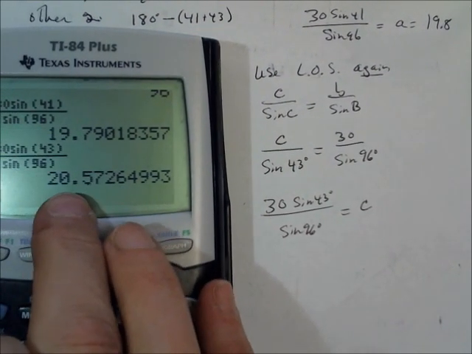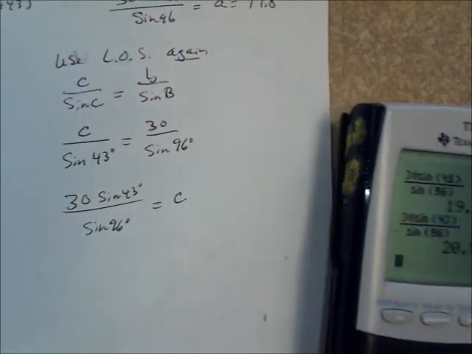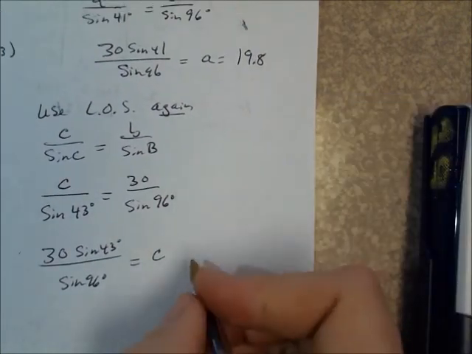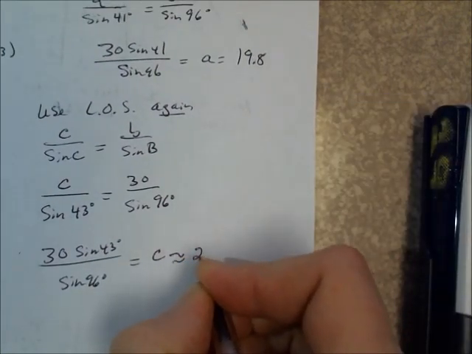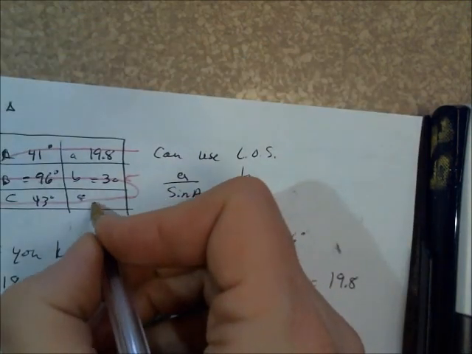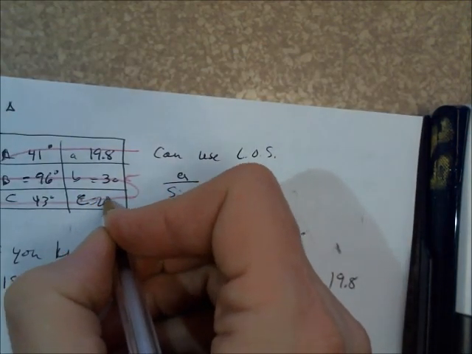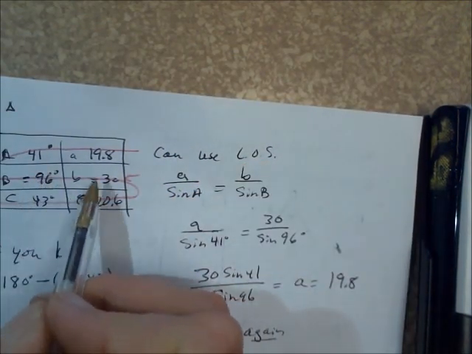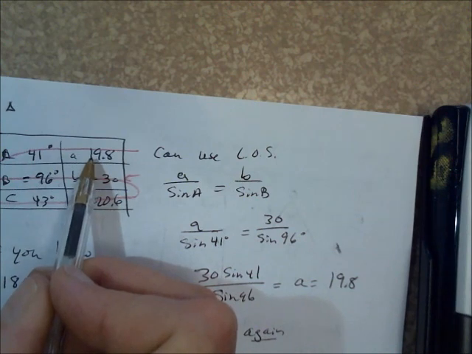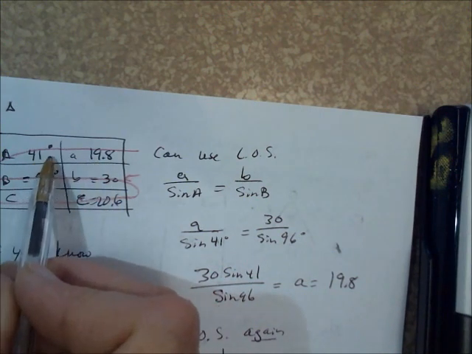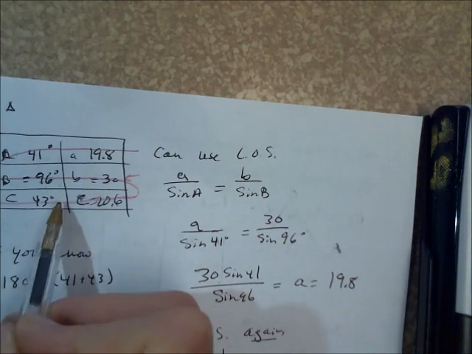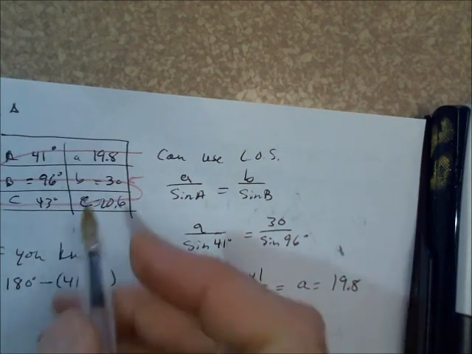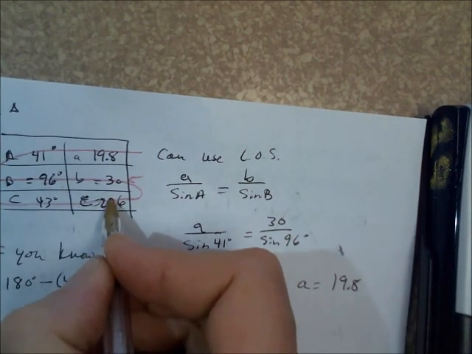So little c is 20.6. That's what our calculator says. Approximately 20.6. And that makes sense because it's a little bit larger than side A, which would be across from the smallest angle, but it's still less than 30, and it's in the ballpark.